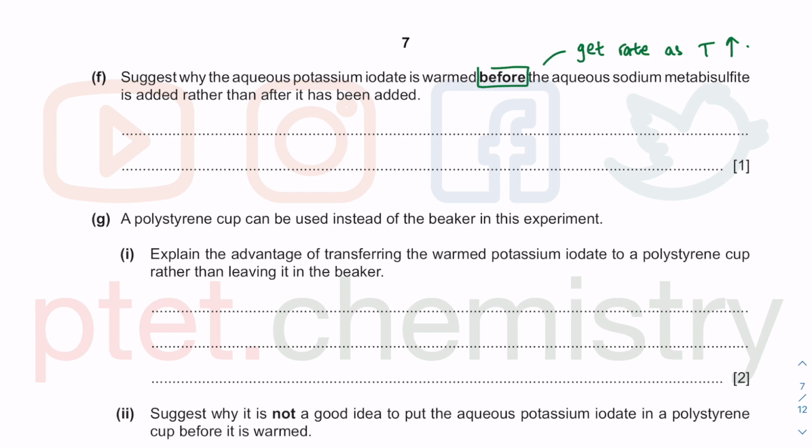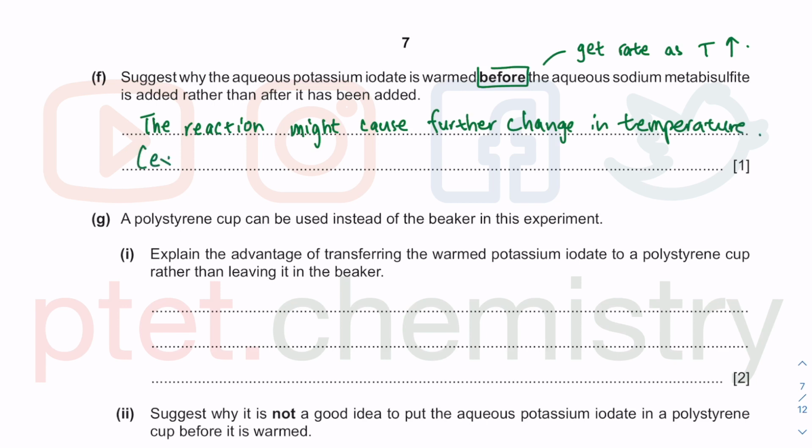So really, this is talking about the reaction. The reaction might cause further change in temperature, so we don't want that to affect our reading. Because it could be exothermic or endothermic, we really don't know, because we are not given that information. Neither are we supposed to know unless that's what we are trying to investigate.